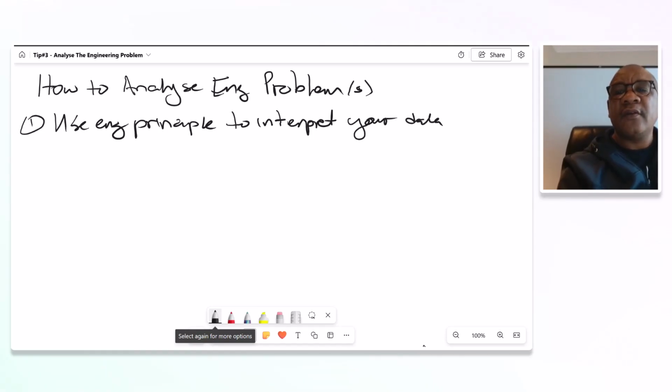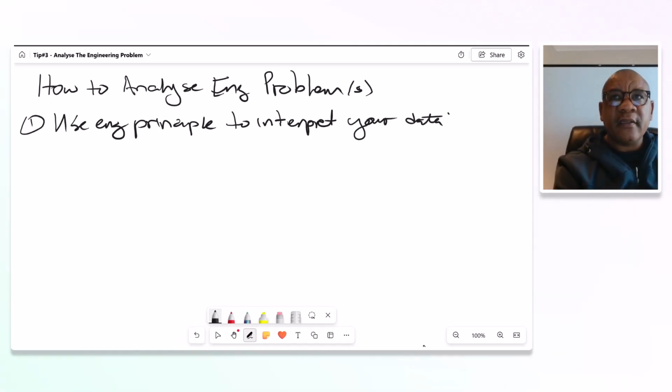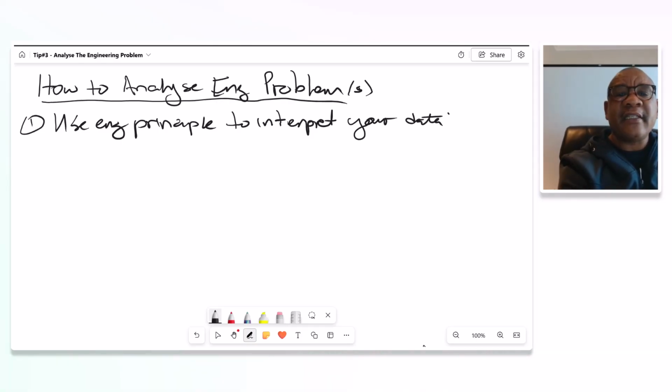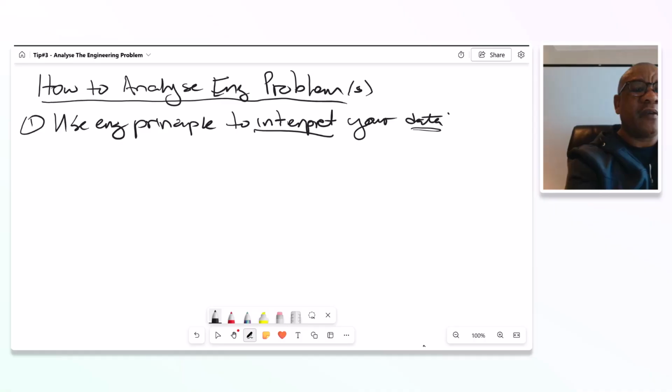Remember that in outcome 1 criteria, I think it's 1.2, they talk about investigating the problem. So when you do criteria 1.3, ways to analyze, you need to interpret that data. You need to interpret it and use your engineering principles to interpret that data, depending on what problem you are solving.